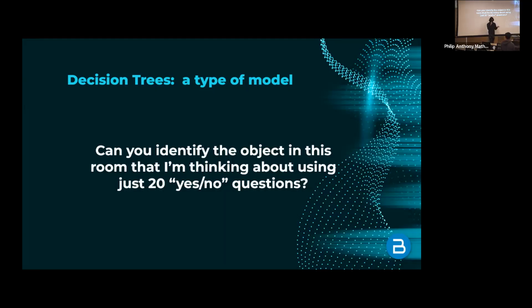No. Is it attached to the ceiling? No. Is it attached to the walls? No. Is it on a table? No. It's not on a table, not attached to the walls, the ceiling, or the floor. Well, you didn't say floor, did you? Oh yeah, it's not attached to the floor. Okay. The trash can? Yes. So that was like what, 8 questions or something?